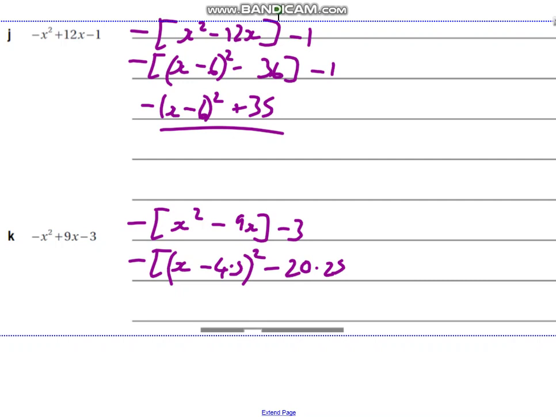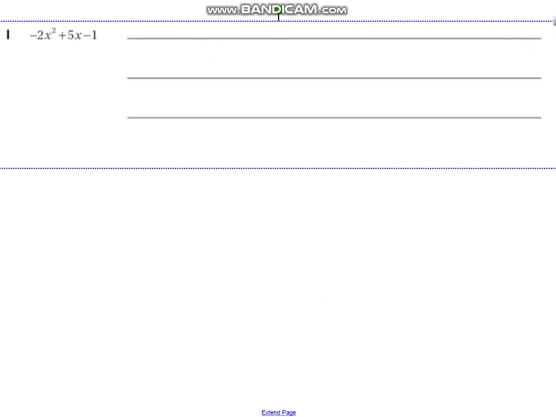I will show you the little trick for squaring these if you're wondering how I'm doing that. And okay, so that's going to give us minus x minus 4.5 all squared, so that's going to be positive 20.25, take away 3 will give us plus 17.25.